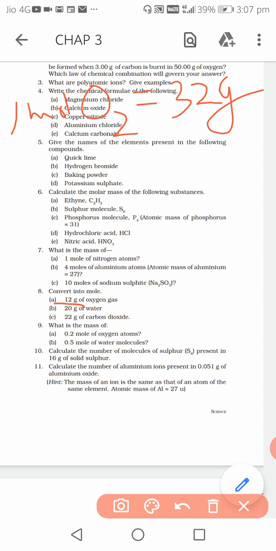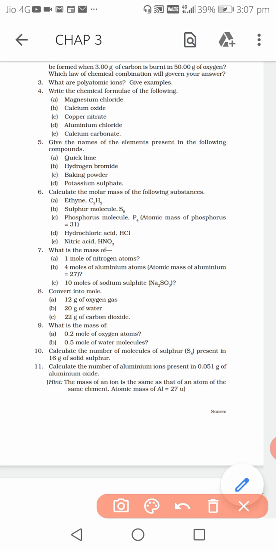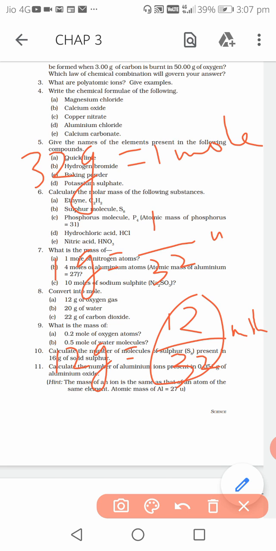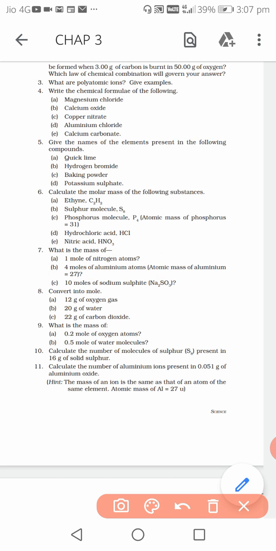In reverse, we can write 32 gram is equal to 1 mole. By the unitary method, 1 gram equals 1 by 32 mole. Then 12 gram will be 12 by 32 moles. This one you calculate, 12 by 32. What is the answer?